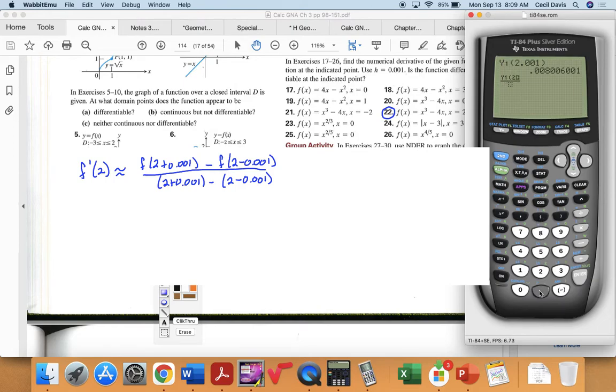So y of 2.001 minus y of 1.999. Oops, I need parentheses. Divided by, that's going to be 0.002, right? And there we go.